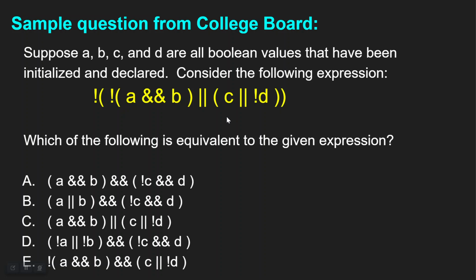And then we just have to figure out which one is going to be not B. Not B would be, let's see, we'd be looking at not C and D for this one.